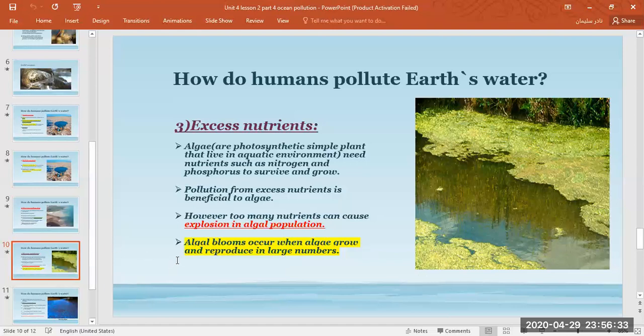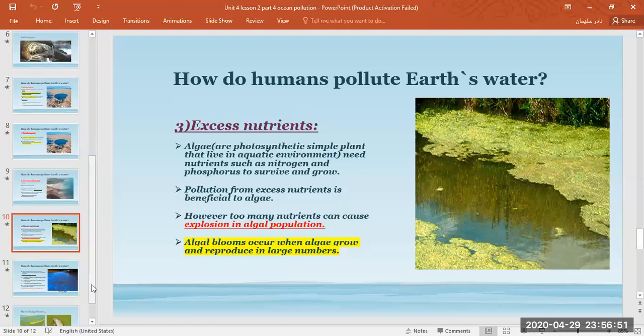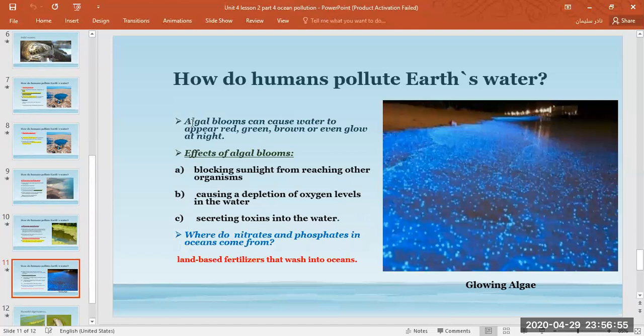So algal blooms are when algae grow and reproduce in large numbers. Algal blooms mean we have excess growth of algae in the ocean. Algal blooms can cause water to appear red, green, brown, or even glow at night.